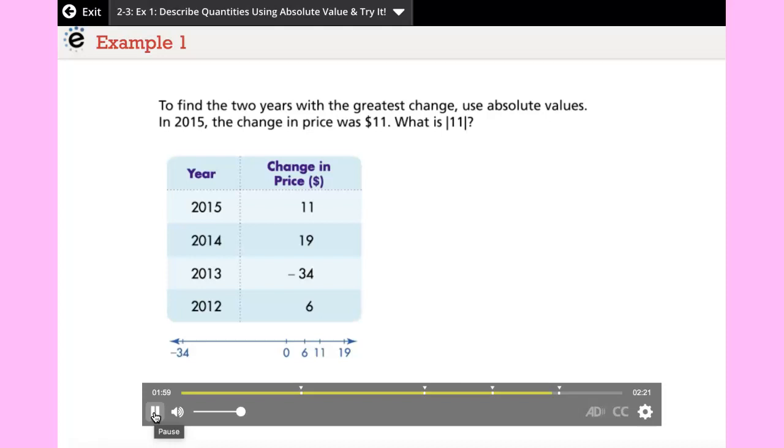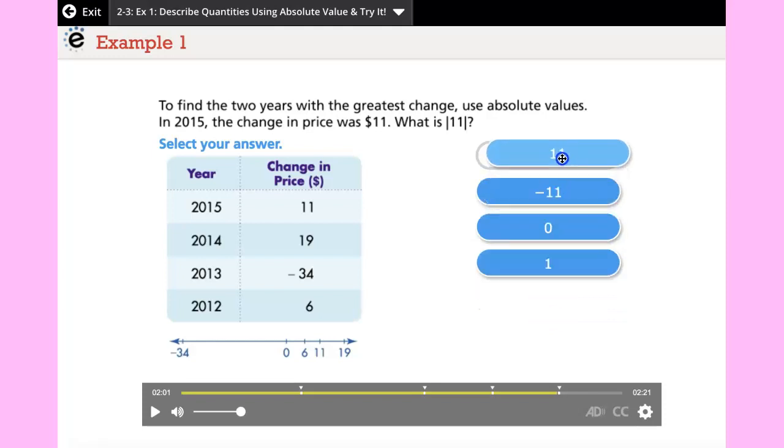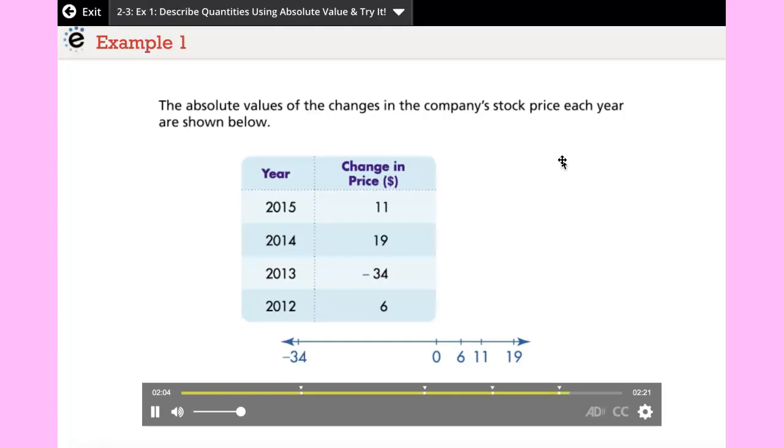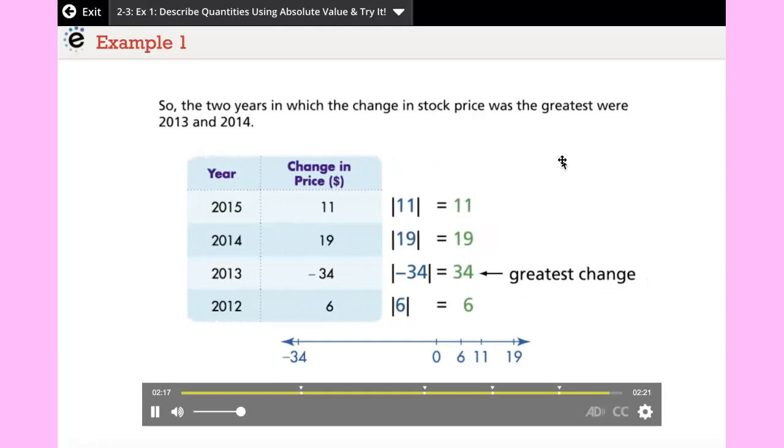What is the absolute value of 11? Select your answer. The absolute values of the changes in the company's stock price each year are shown below. So the 2 years in which the change in stock price was the greatest were 2013 and 2014.